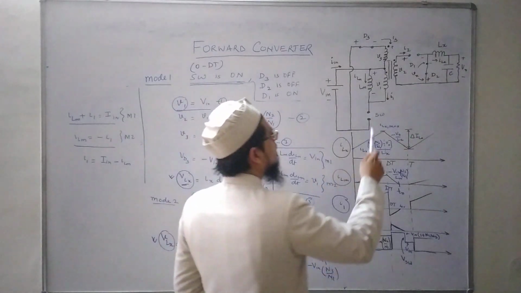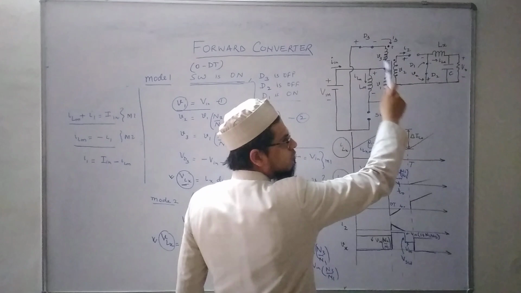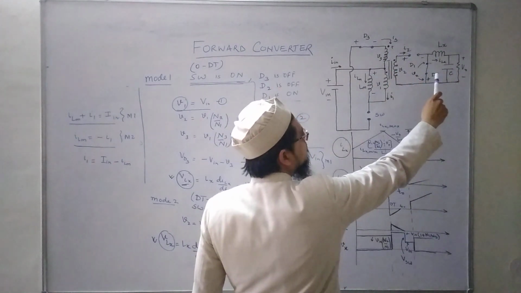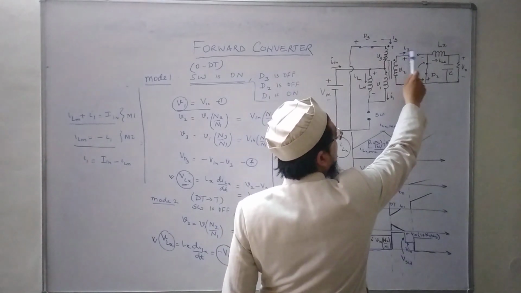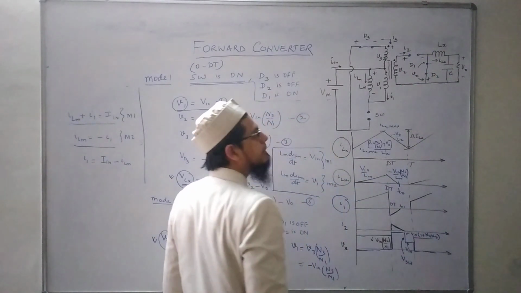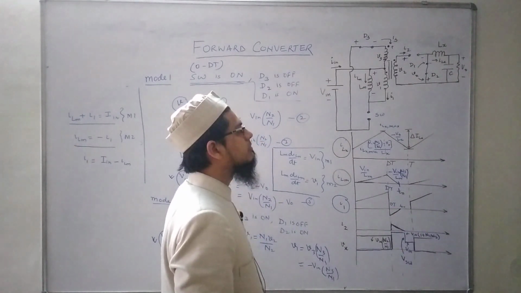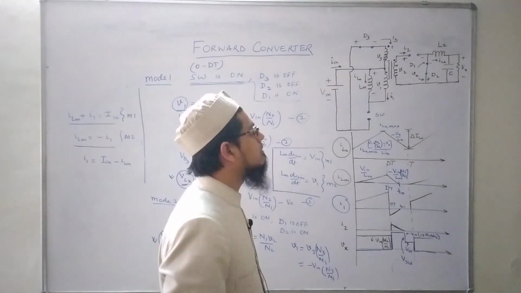So you see, when this diode was conducting in mode 1, the current flowing was I2, and this diode was not conducting, that means I2 was same as ILM.